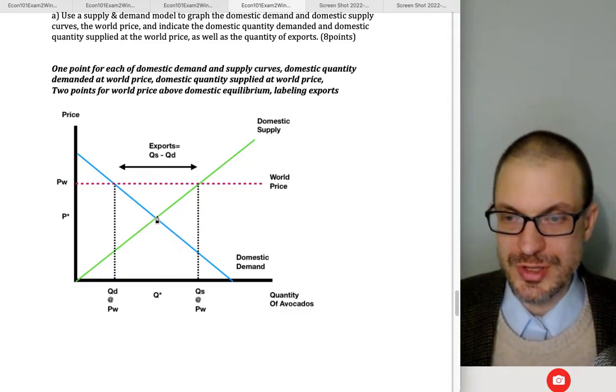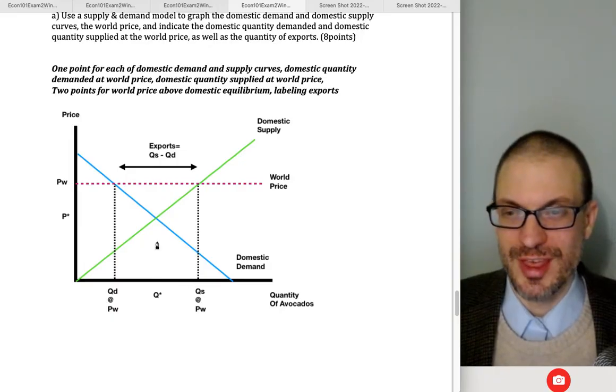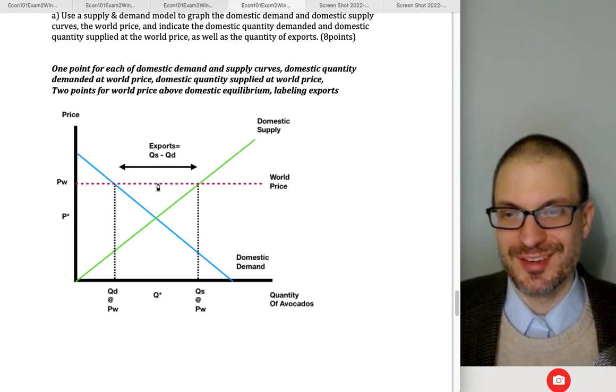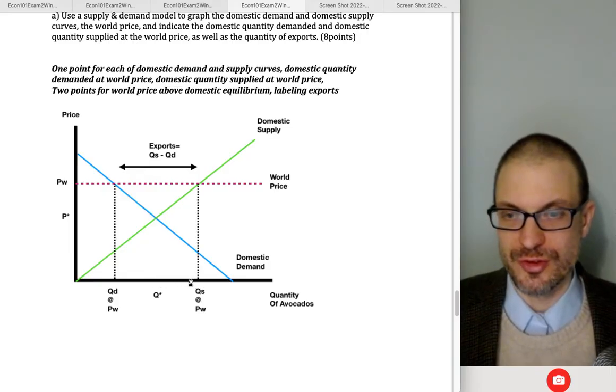So there is no reason for these domestic suppliers to produce the units between Q star and QS at the equilibrium price. However, at the world price, they've got consumers willing to pay much more, more than it costs them to produce. So they ramp up their production all the way out to here. From Q star to QS, that's new production that's produced and then sold abroad.